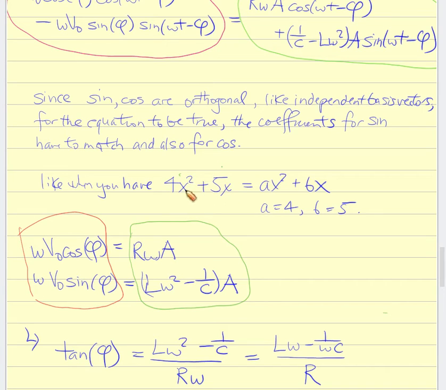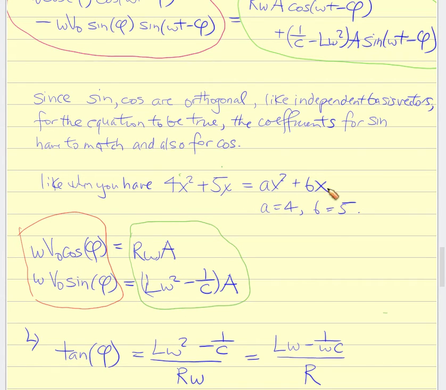Let's say I have 4x squared plus 5x on one side. On the other side, I have some unknown constant a times x squared plus some unknown constant b times x. And in order for this equation to be true, I have to have a be the same coefficient as x squared, as 4, because they're both on x squared, and b equal to 5.